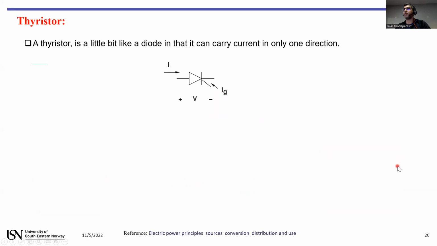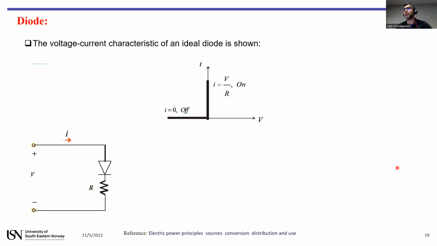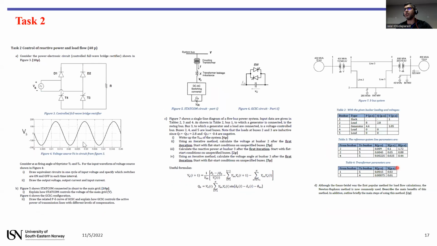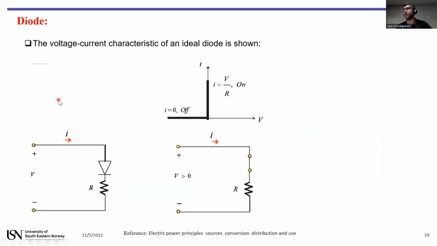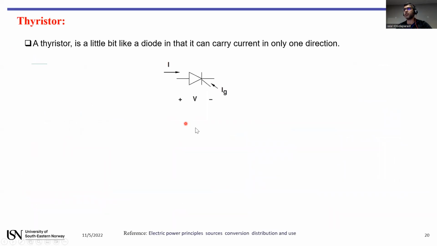With this background, there is another thing related to thyristor, because you have thyristor as well in your power electronic circuit. You can see here it consists of diode and thyristor, and you have to know the basic performance of diode and thyristor. Thyristor is a bit different.